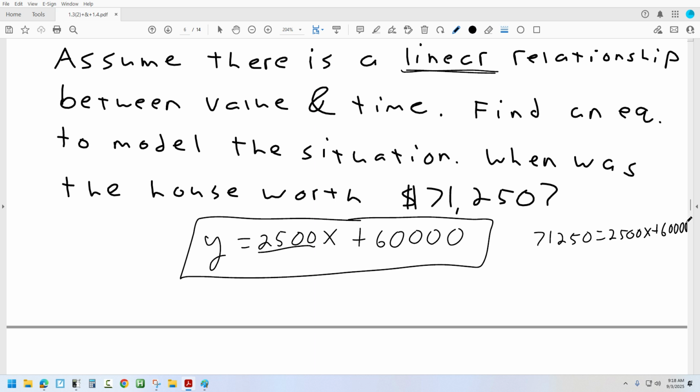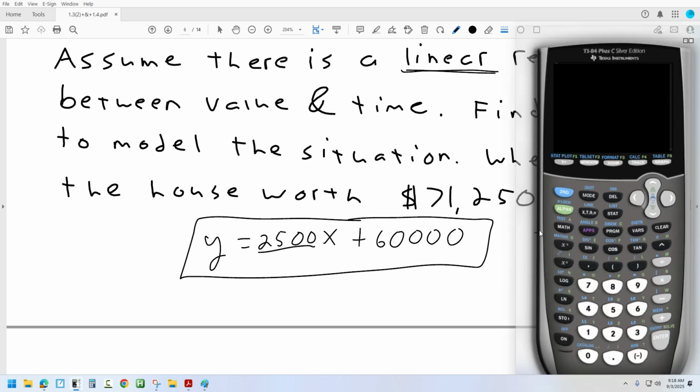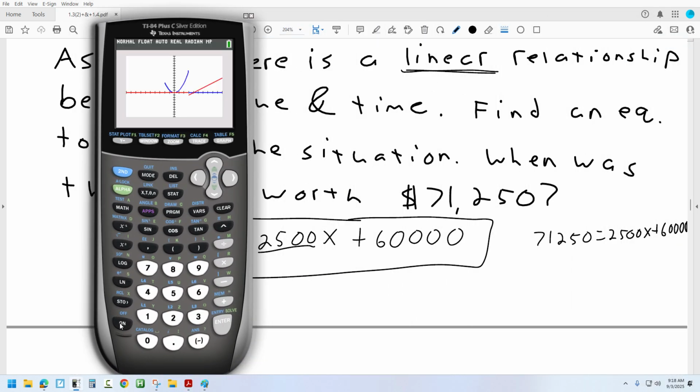Okay, so let's solve for x and see what we get. So we've got 71,250 minus 60,000, and then divide that by 2,500. So after 4.5 years from when we bought the house, its value will be 71,250.